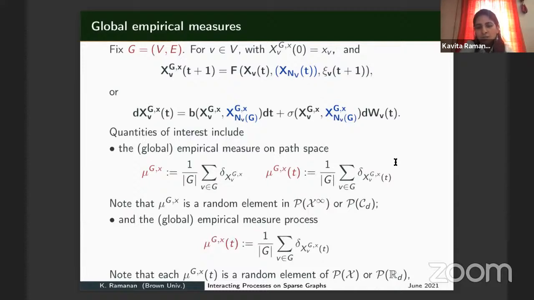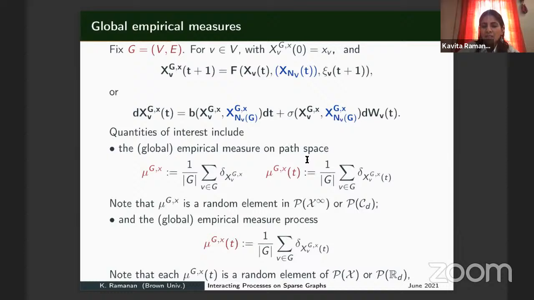So, what kind of quantities might you be interested in in these models? One quantity of interest, of course, includes the global empirical measure. You might want to know the fraction of particles taking different values. You can look at the global empirical measure on path space, which I'll denote by G and X. By the way, all the superscripts always relate to the graph and the initial conditions.